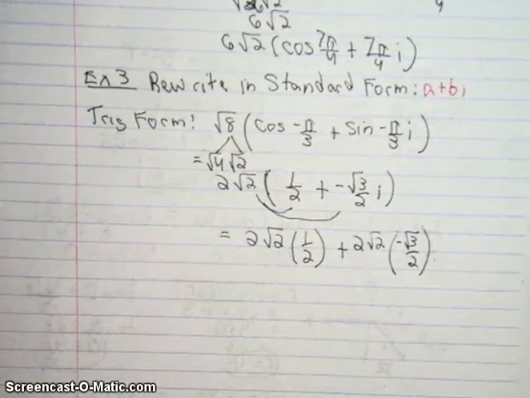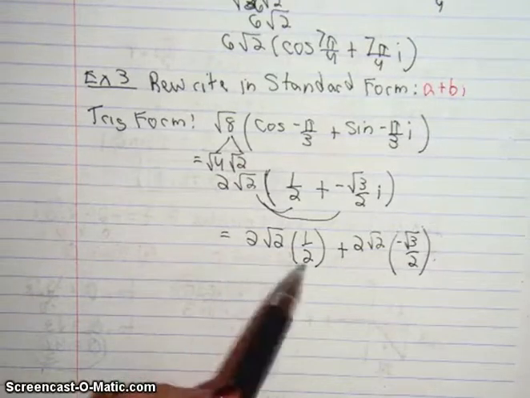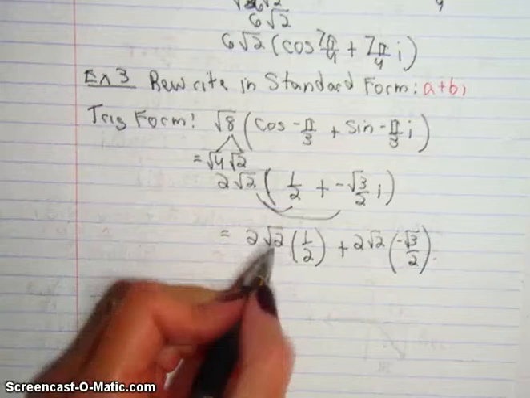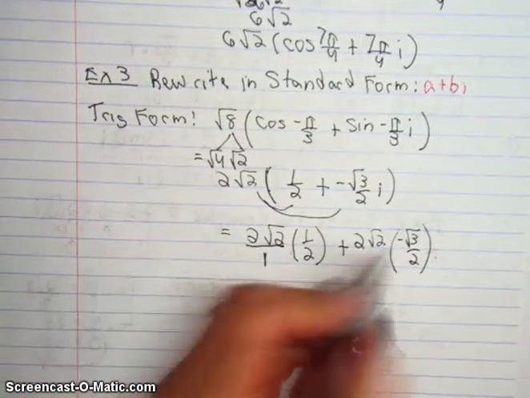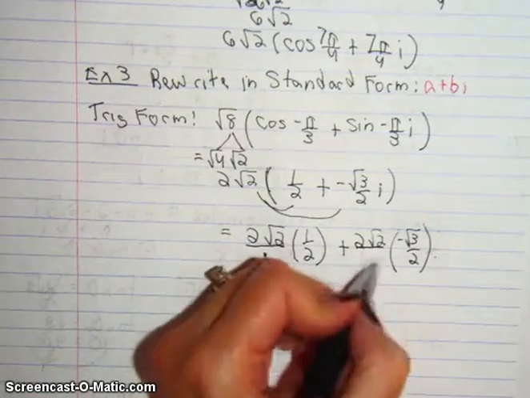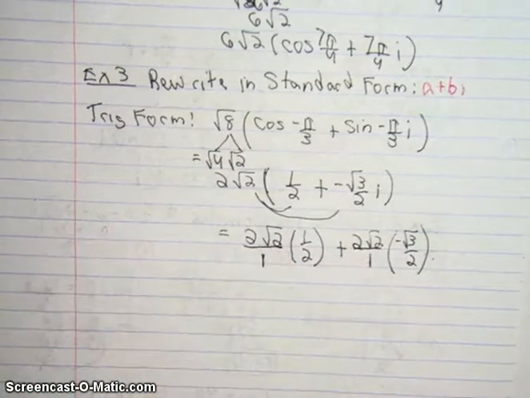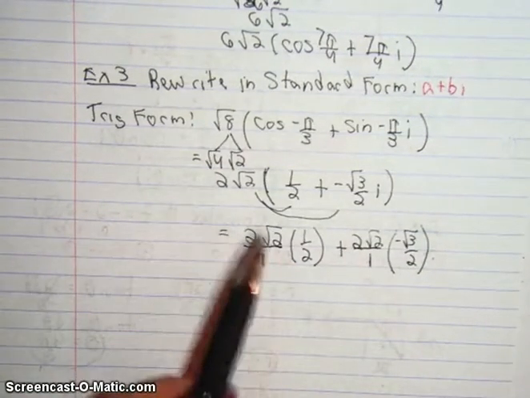Any questions? Okay. Now, in order to multiply, we have to be multiplying fractions together. So I have to put 2 root 2 over 1. And I have to put 2 root 2 over 1.